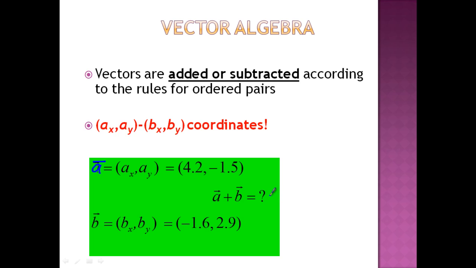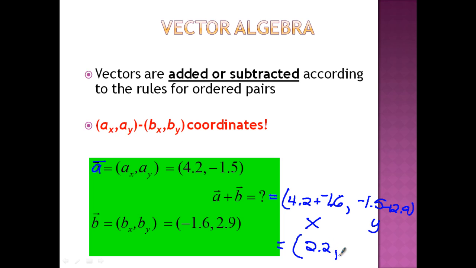That means a plus b is going to equal 4.2 plus -1.6, which is its x component. And its y component is going to be -1.5 plus 2.9. So all that is going to equal 2.6, 1.4.